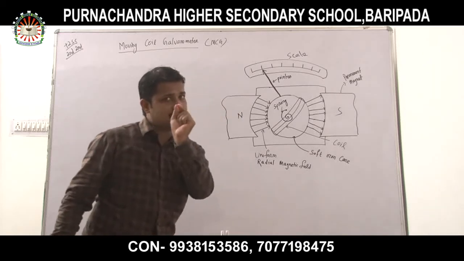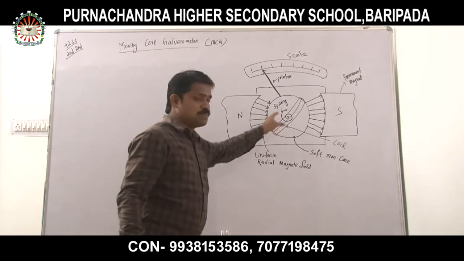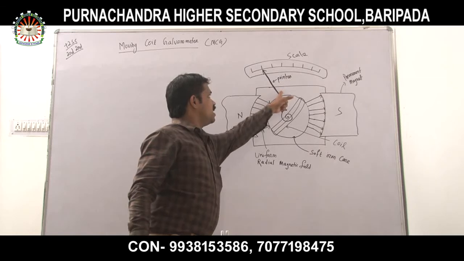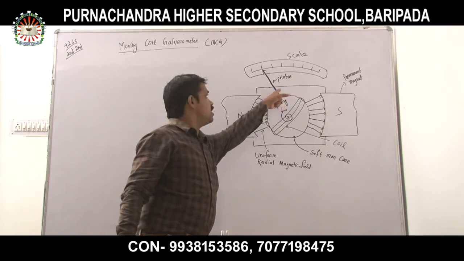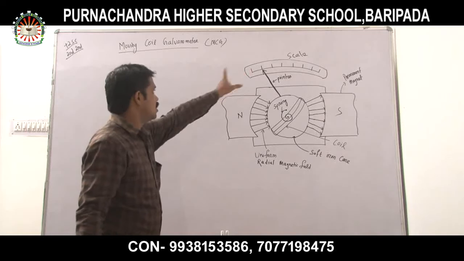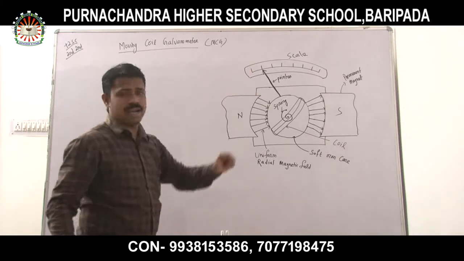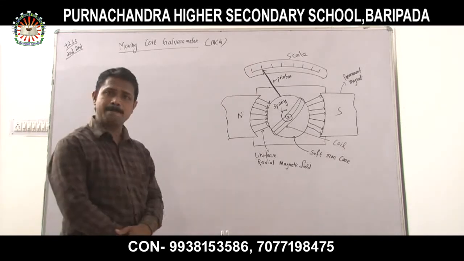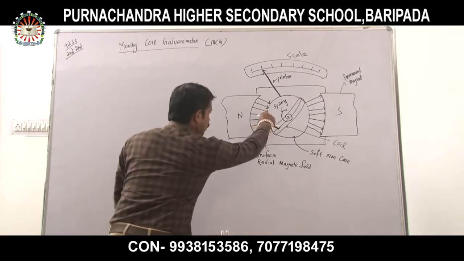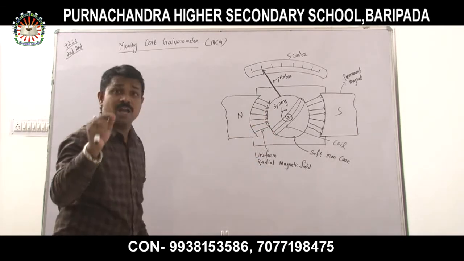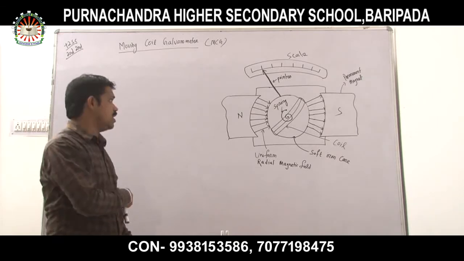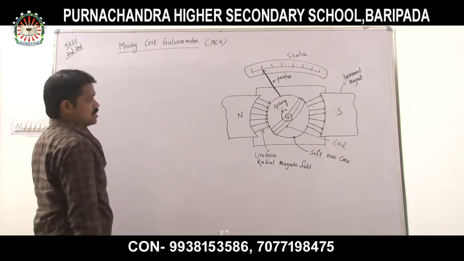One end of the cylinder is connected to a spring which is pivoted, and another end of the cylinder is connected to a pointer, which helps to detect on the scale. Understood all of you? And the magnetic field provided here is which type? Radial magnetic field. Clear? So this is the structural analysis.